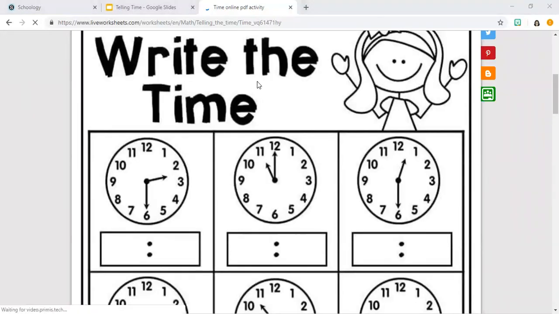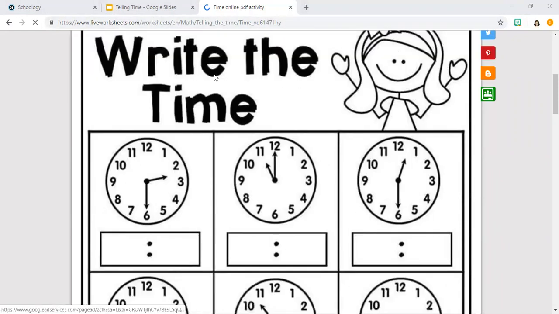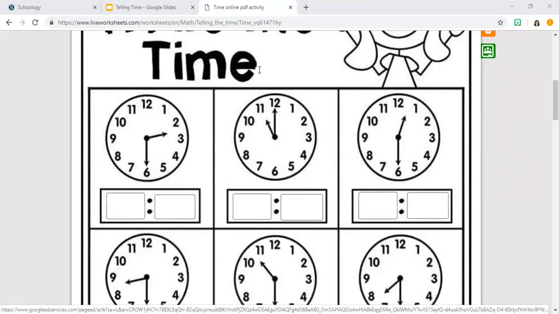Okay, here. Thank you for waiting, grade 1. Now, write the time. You can see this activity. You're going to write the time. I'm going to give an example here.